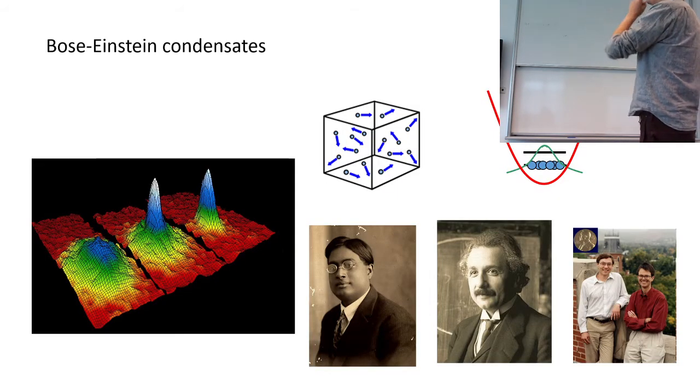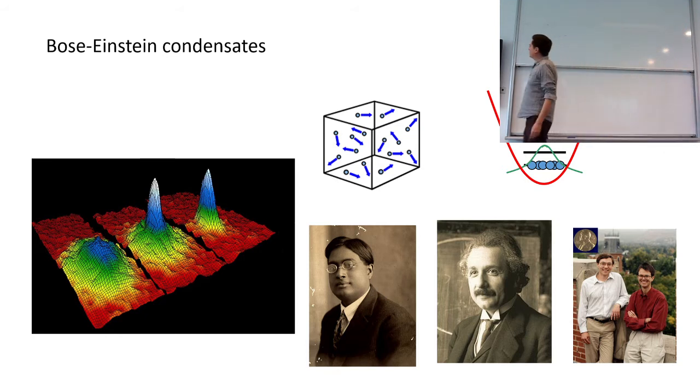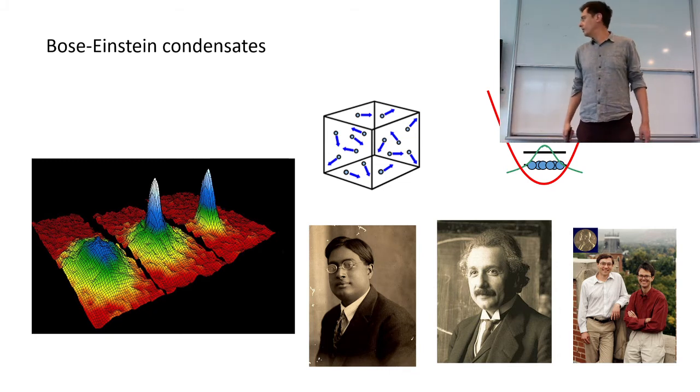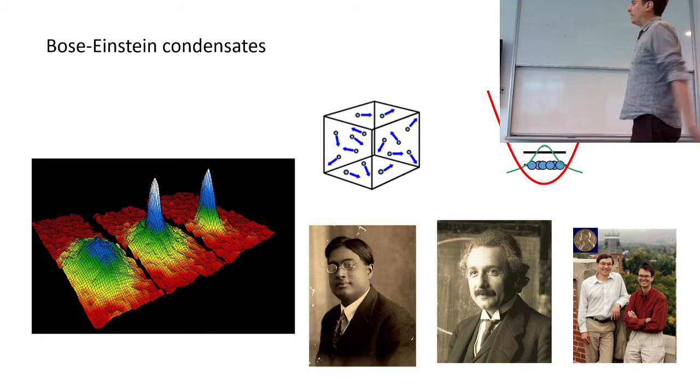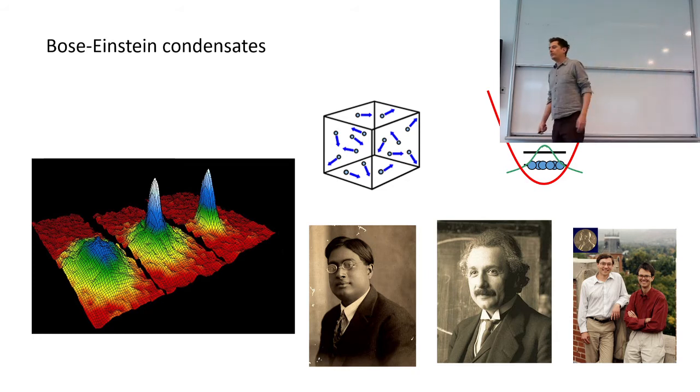This is more or less my one. So if you cool down atoms to very low temperatures, they have high coherence. There's this special state called Bose-Einstein condensate. I won't go into it so much, but it's as if you are making a laser out of atoms. A laser is something where light becomes a very coherent system, right?